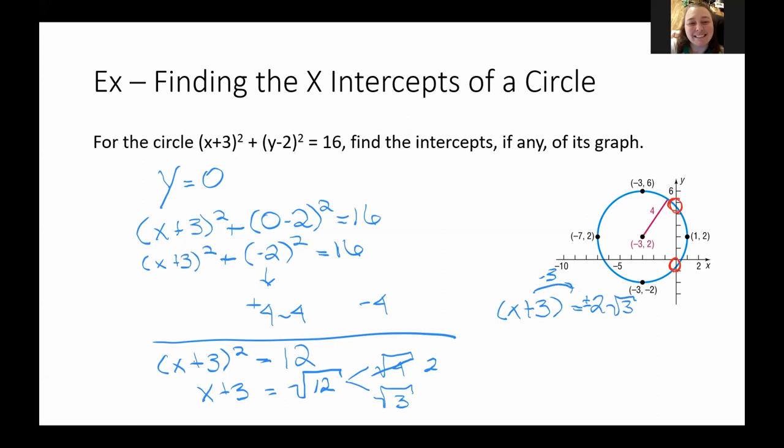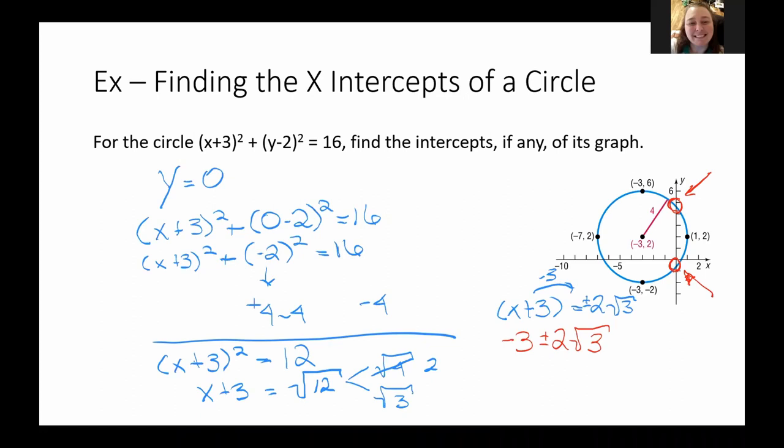So the answer is going to be -3 plus or minus 2 square root of 3. Okay. One is going to be the plus, one's going to be the minus. So that's how you find the two intercepts. Okay, remember, square root comes out, it's a plus or minus because I can use a plus 2 to get a 4 under the square root, and I can use a negative 2 to get that as well.